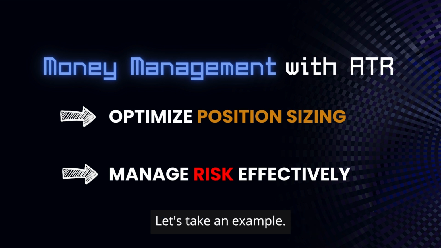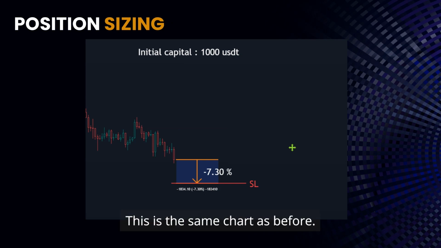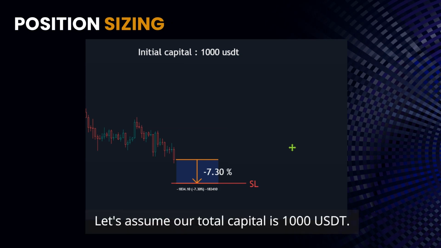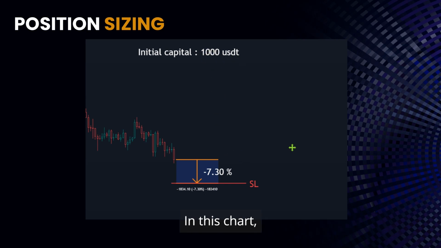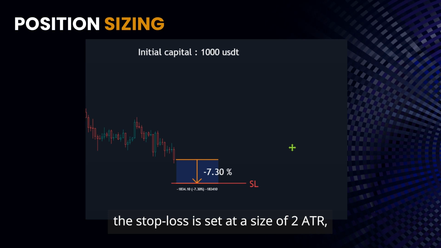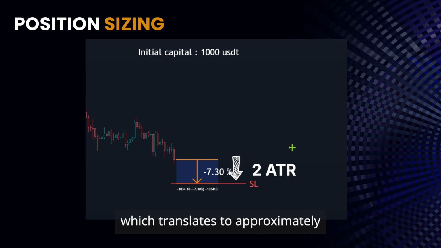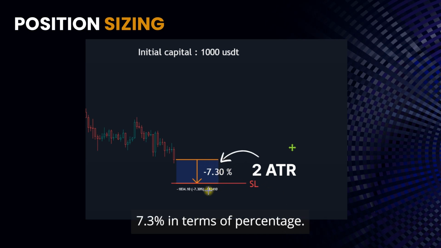Let's take an example. This is the same chart as before. Let's assume our total capital is 1000 USDT. In this chart, the stop loss is set at a size of 2 ATR, which translates to approximately 7.3% in terms of percentage.